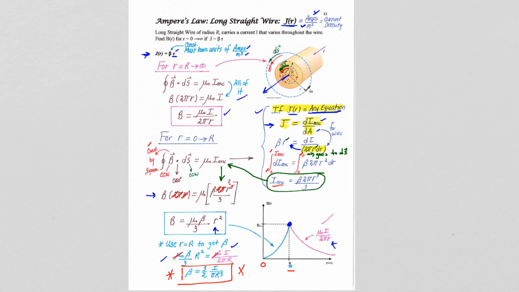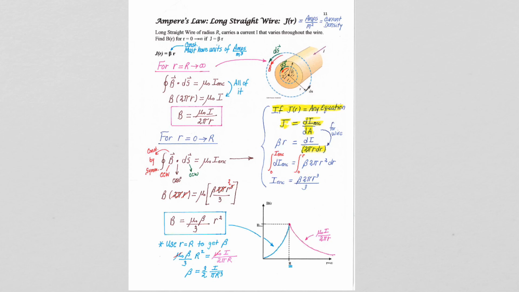So again, let me erase all my extra little checks and dashes here so you can see all of the annotations clearly. Pause the video if you need to copy them down at this point. And we're getting there, so hopefully Ampere's law is becoming more comfortable for you.